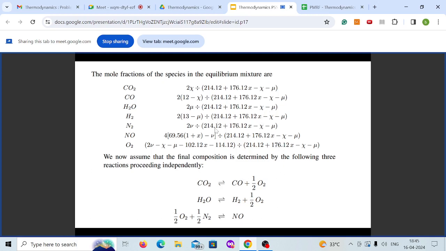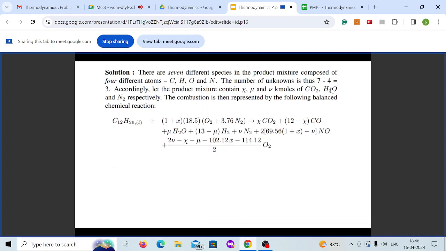Now since we have 3 unknowns, we need to have 3 equations. These are the 3 reactions which we will consider to find out the 3 unknowns. CO2 in equilibrium with CO plus half O2.